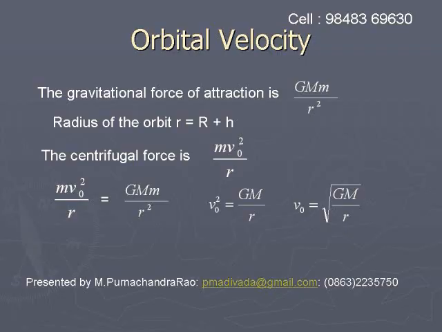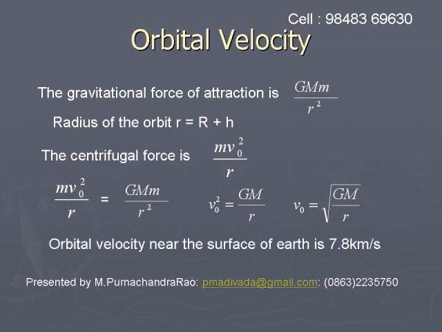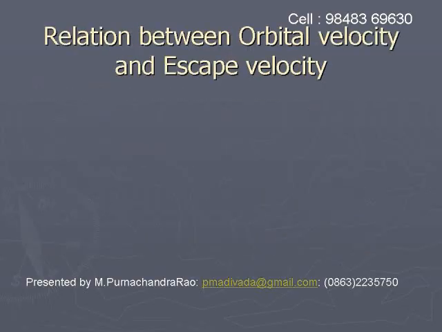The orbital velocity near the surface of the earth is 7.8 kilometers per second. The relation between orbital velocity and escape velocity.